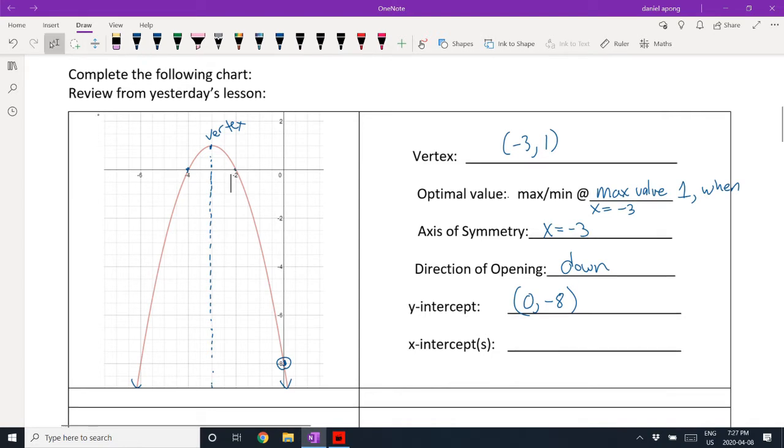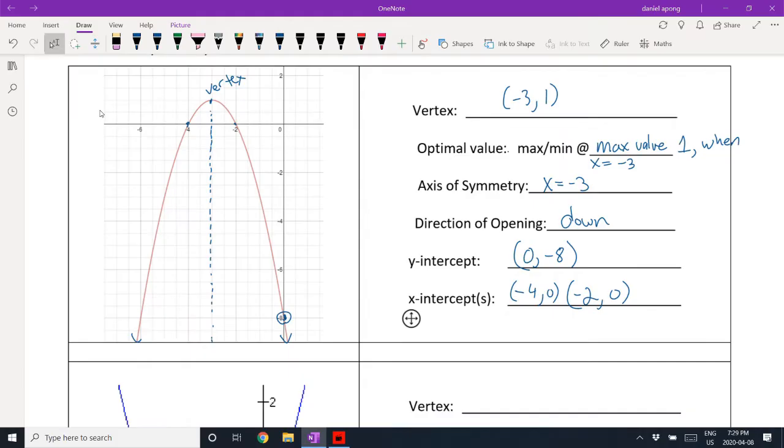So we can state the x-intercepts are -4, 0 and -2, 0. Another way we can state the x-intercept is as follows. We can say y is 0 when x is equal to -4 or when x is equal to -2.